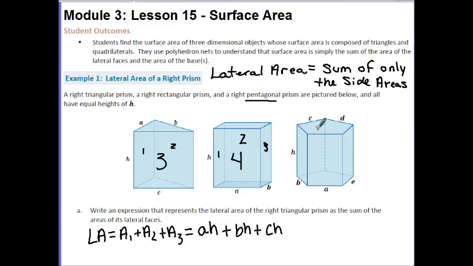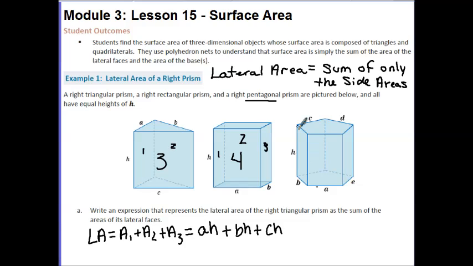And so there are 5 sides on this, and they are not necessarily all the same length. In fact, it tells you that first we have length A, B, C, D, and E. So we're going to assume that all of the lengths of the sides of this pentagonal prism are all different. So when we find the faces, we need to find all separate areas.